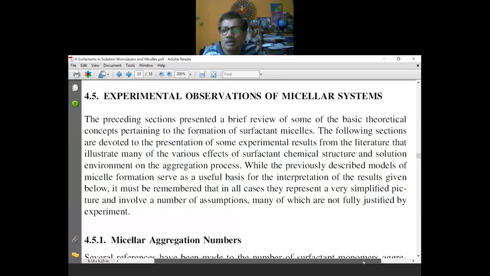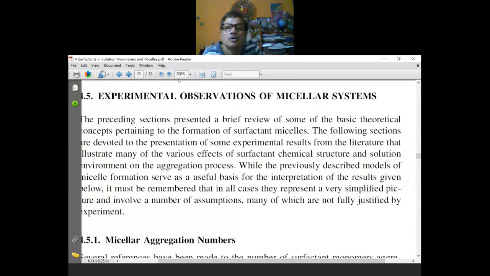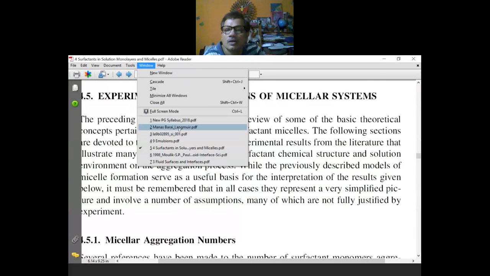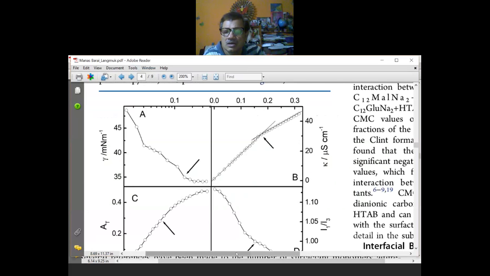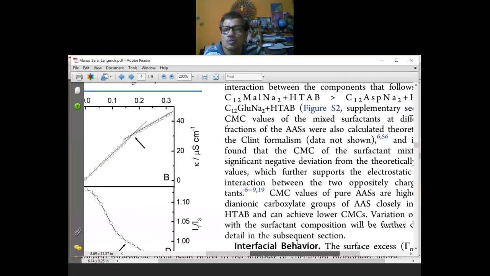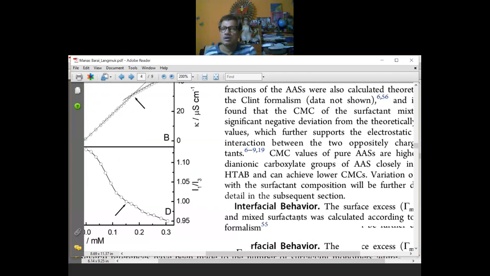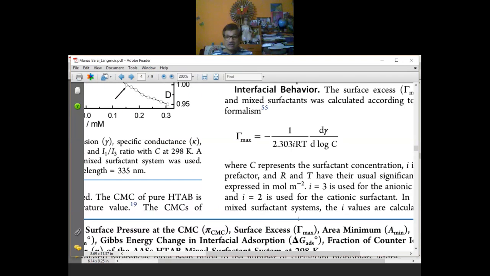Oh, I'm sorry, I went to a wrong slide. Okay. And here you see near the CMC, you will get the slope. If you determine the slope near the critical micelle concentration, you get the gamma max value. How? You can determine the d gamma by d log c.